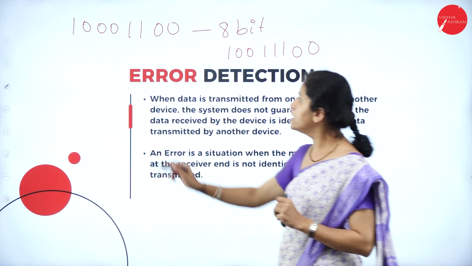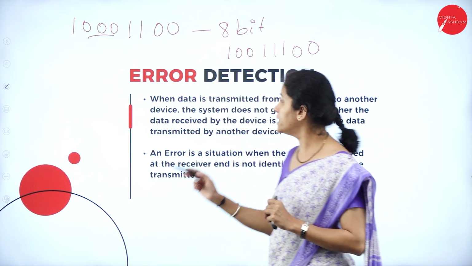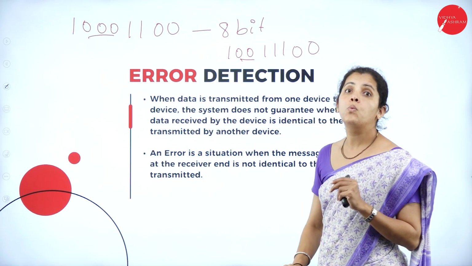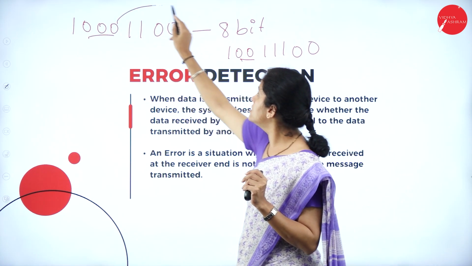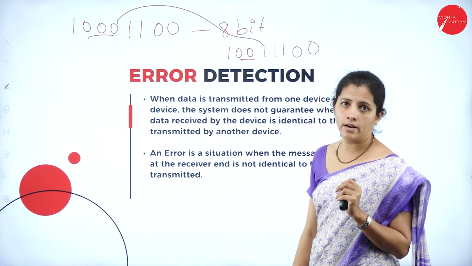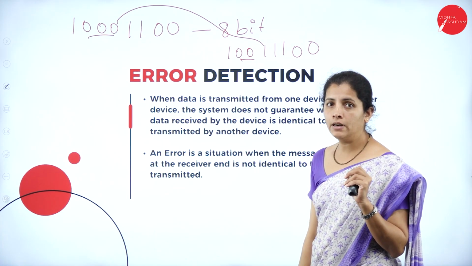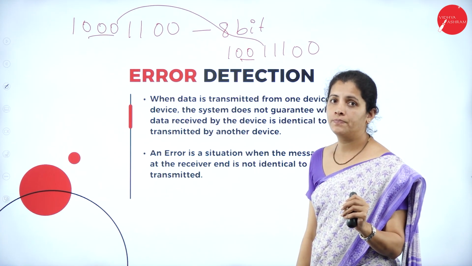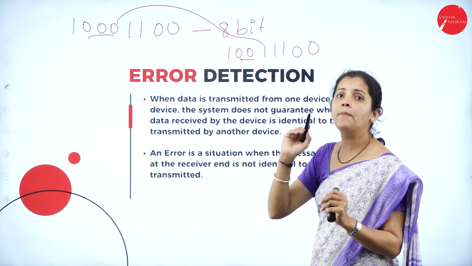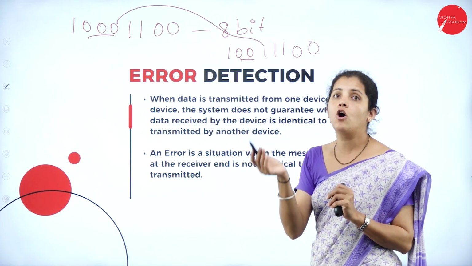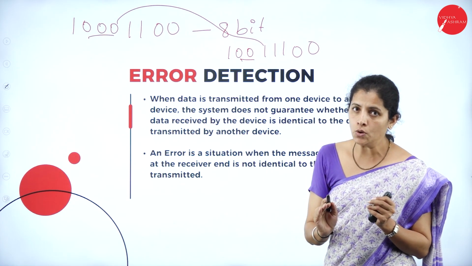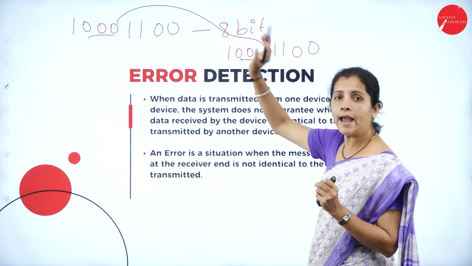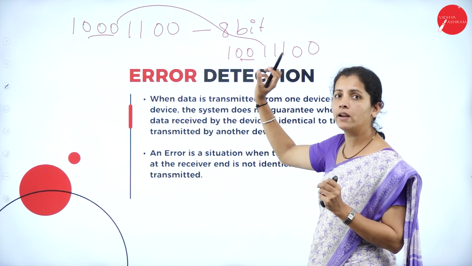See here, I have 3 zeros, but here I have only 2 zeros. This 0 has changed to 1. It happens because of noise. So the data bit may get corrupted or changed from 0 to 1 or 1 to 0, and this is known as error.